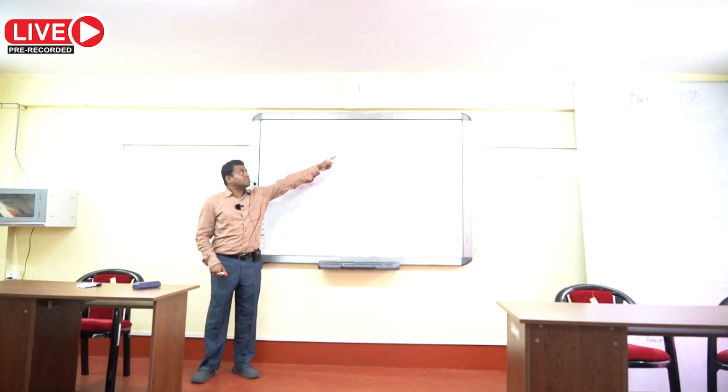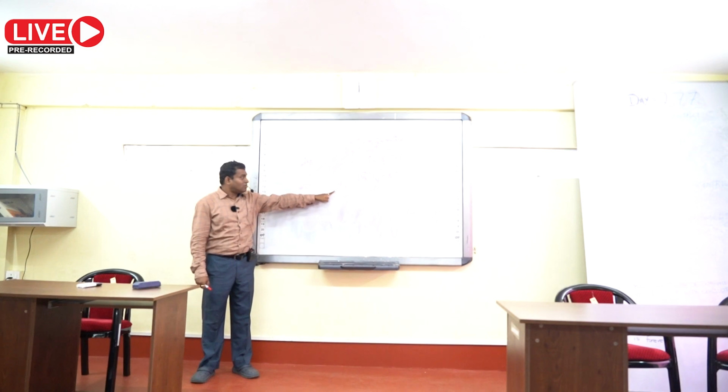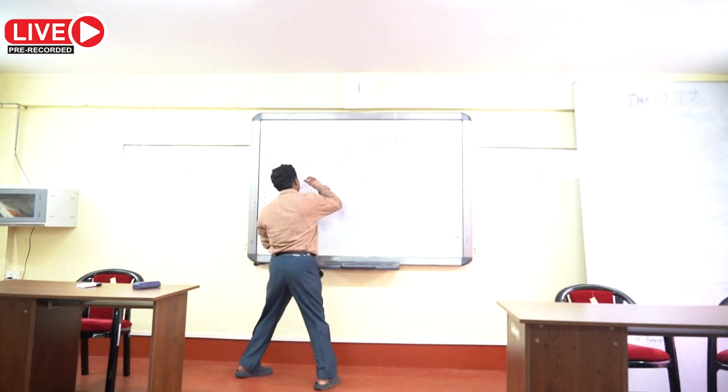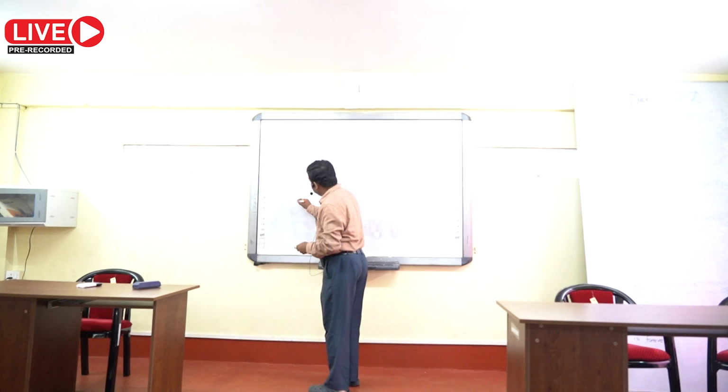Because sum of the 3 momentum is 0, means if you calculate the sum of this vector and this vector, the third vector should be equal and opposite to that. So sum of these two vectors must be here. So the third vector must be this one, P3.